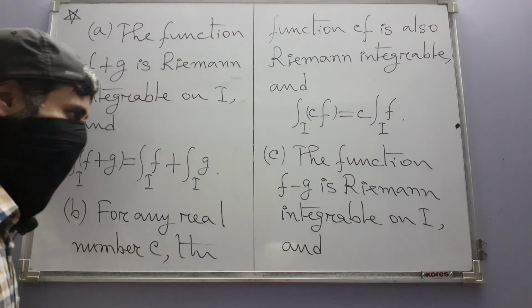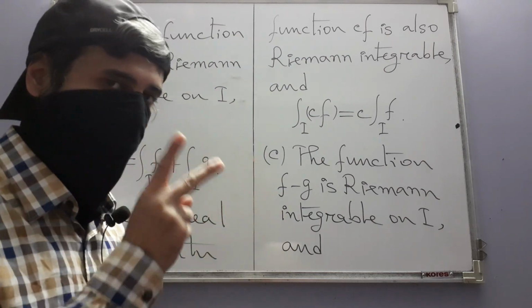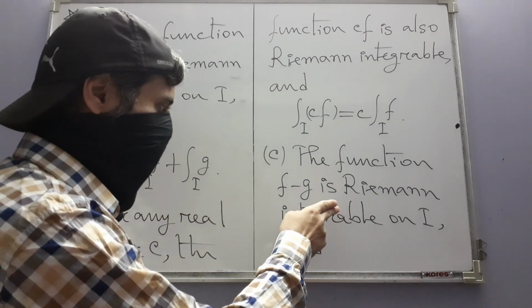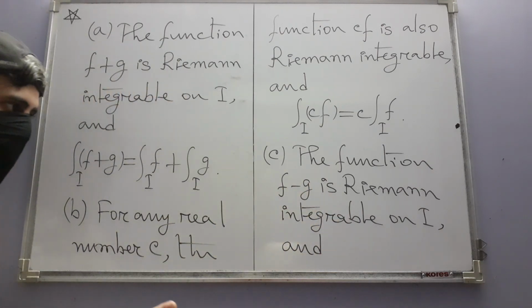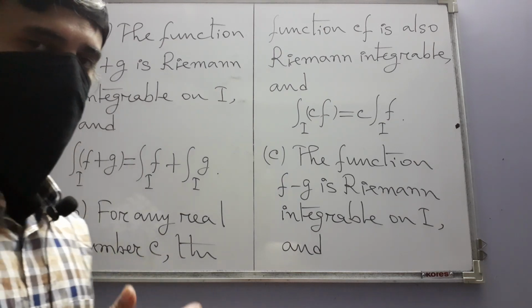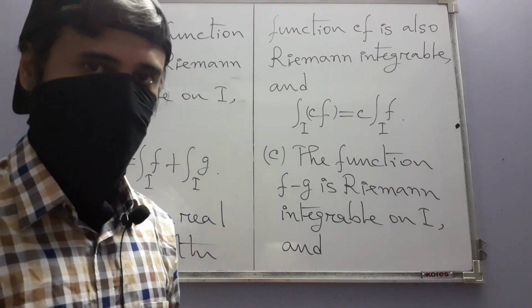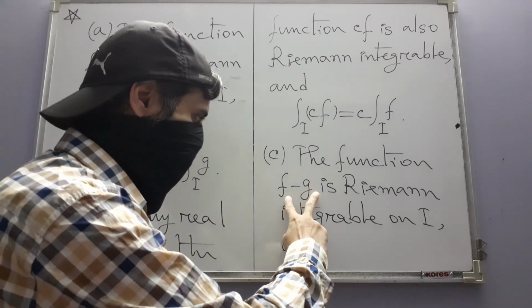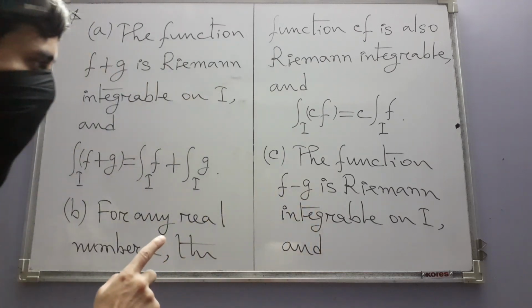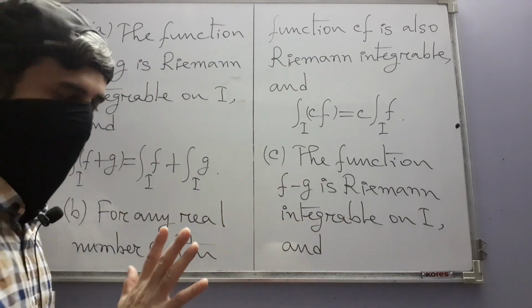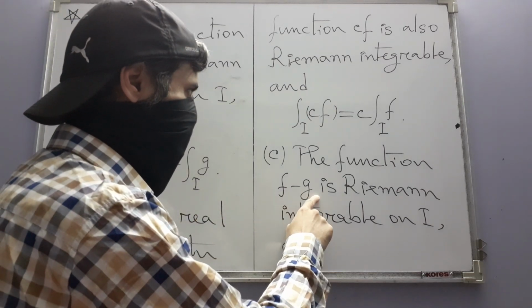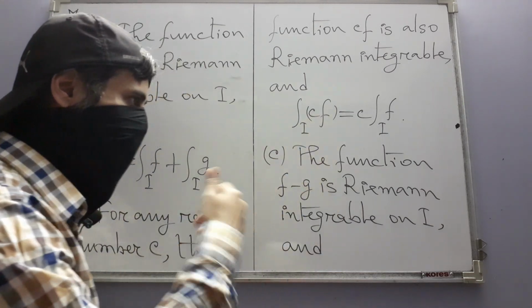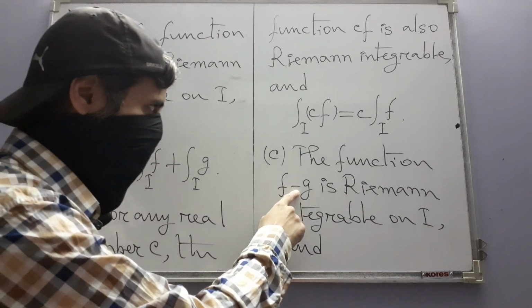See, first of all, there are two parts to this conclusion. The first part is that f minus g is Riemann integrable, and then the second part tells us what the integral of f minus g is. Now, how do we get the first part? You see, g is Riemann integrable, that's given. So you can multiply g by the constant minus 1 to get minus g.